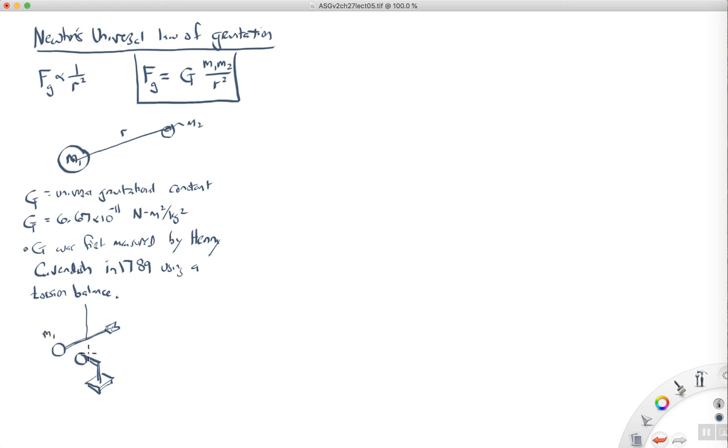In any case, this would be mass 1, this would be mass 2, and r would be the distance between the centers of these balls. And because G is so small and those masses are a kilogram, the distance between them might be a centimeter or something, you'll get a very tiny force and a very small twisting of the wire.